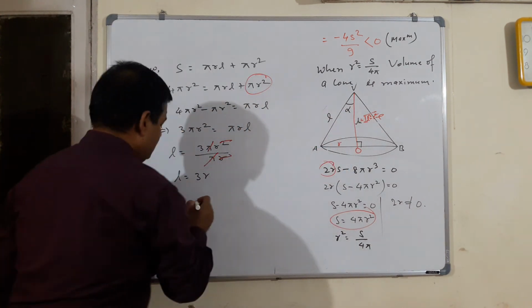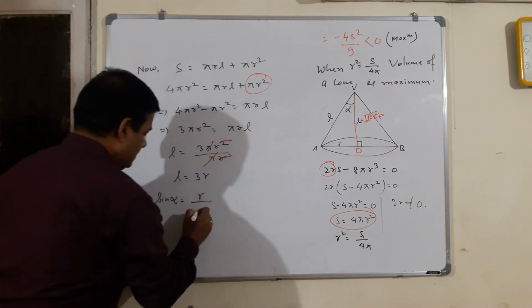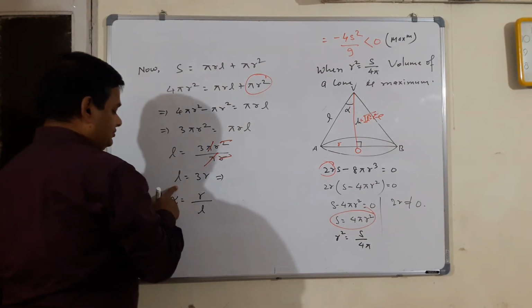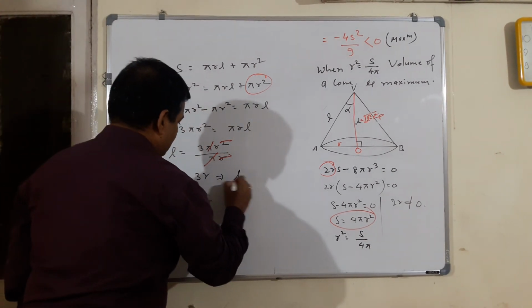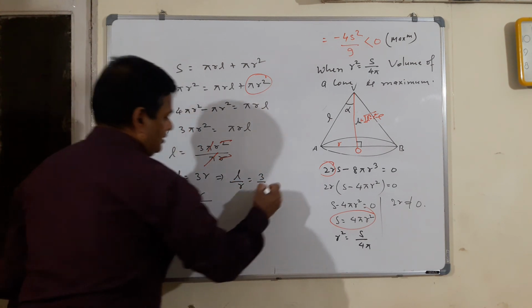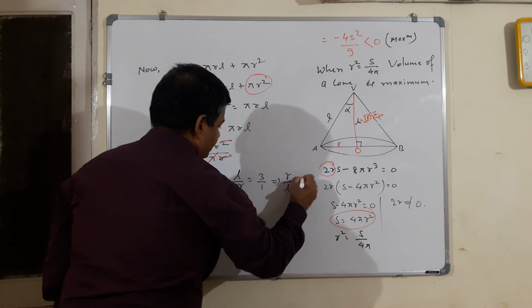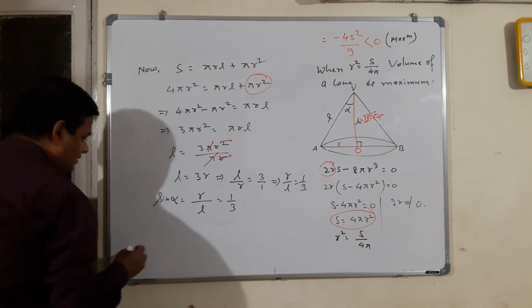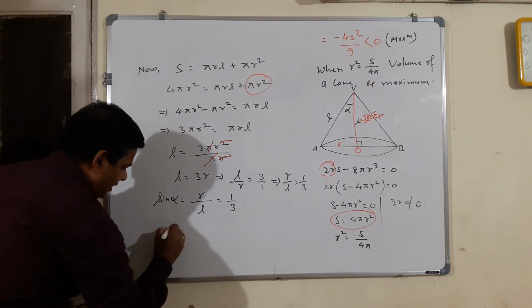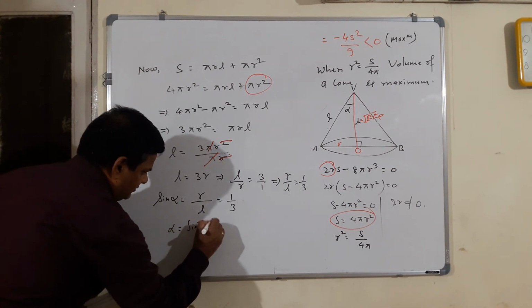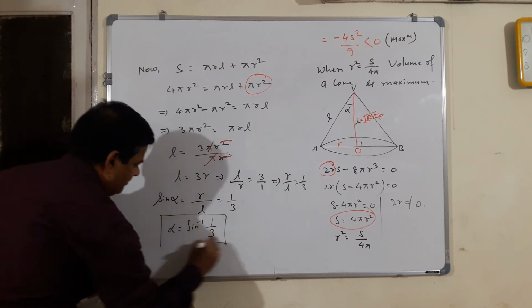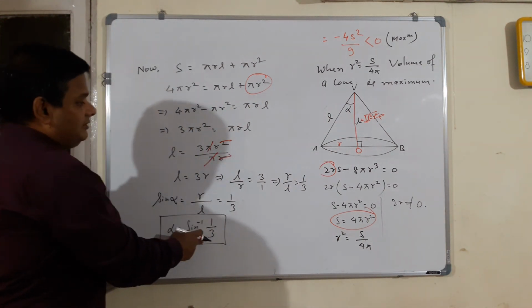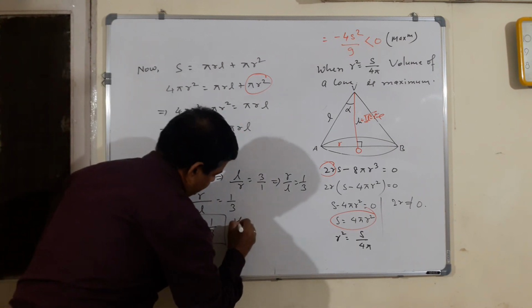So R over L. Here L is equal to 3R, so L by R is equal to 3 by 1. So R by L is the reciprocal, equal to 1 by 3. So sine alpha is equal to 1 by 3. So alpha is equal to sine inverse 1 by 3. So the semi-vertical angle alpha is equal to sine inverse 1 by 3, hence proved.